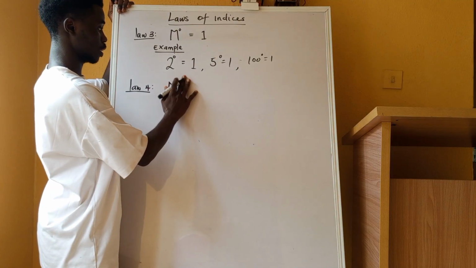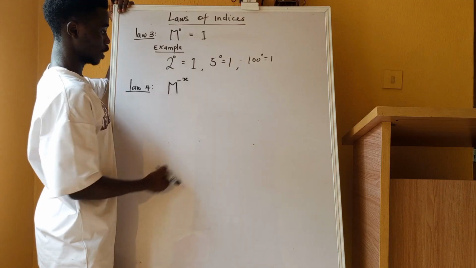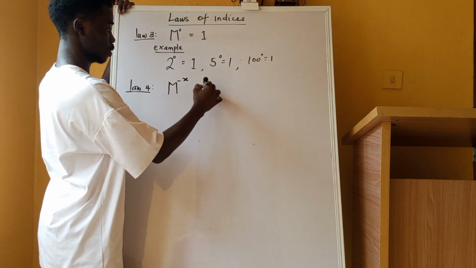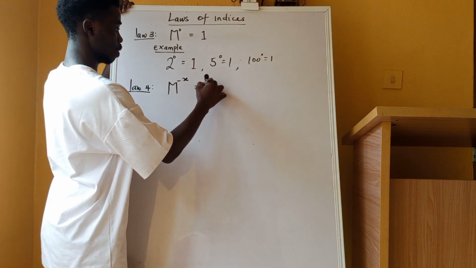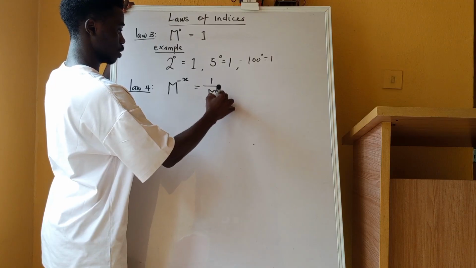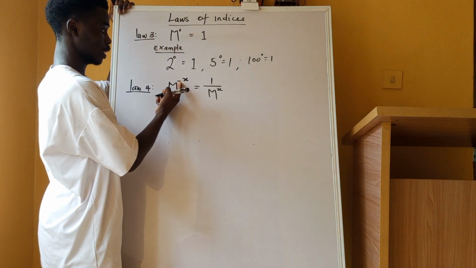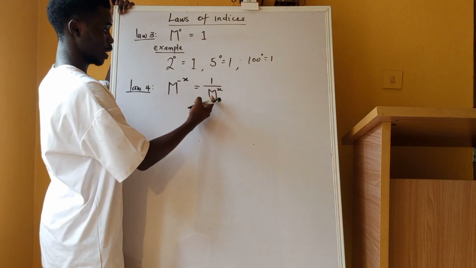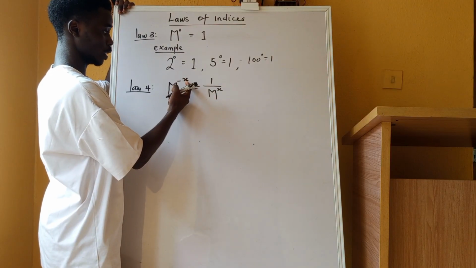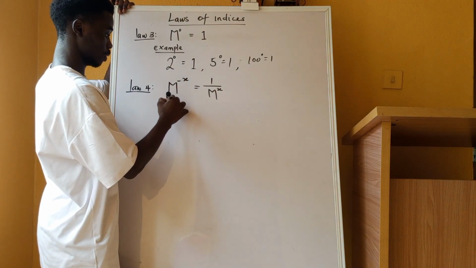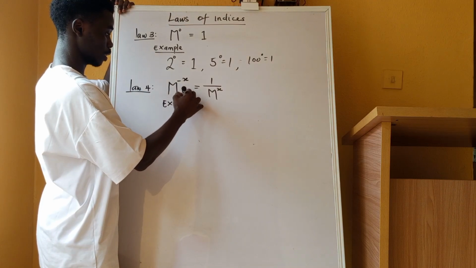Let's use negative x since I'm using x previously. This is equal to 1 over m to the power of x. So anytime you see this negative sign, it means 1 over m to the power of the value that is here.